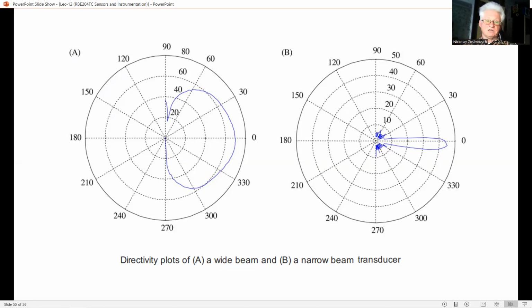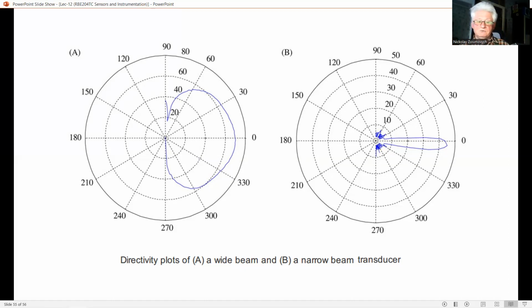Since actual transducers may have shapes that differ from the circular piston model, the pressure field patterns have much more complicated shapes. By special design, the beam angle can be made smaller, resulting in so-called focus probes.